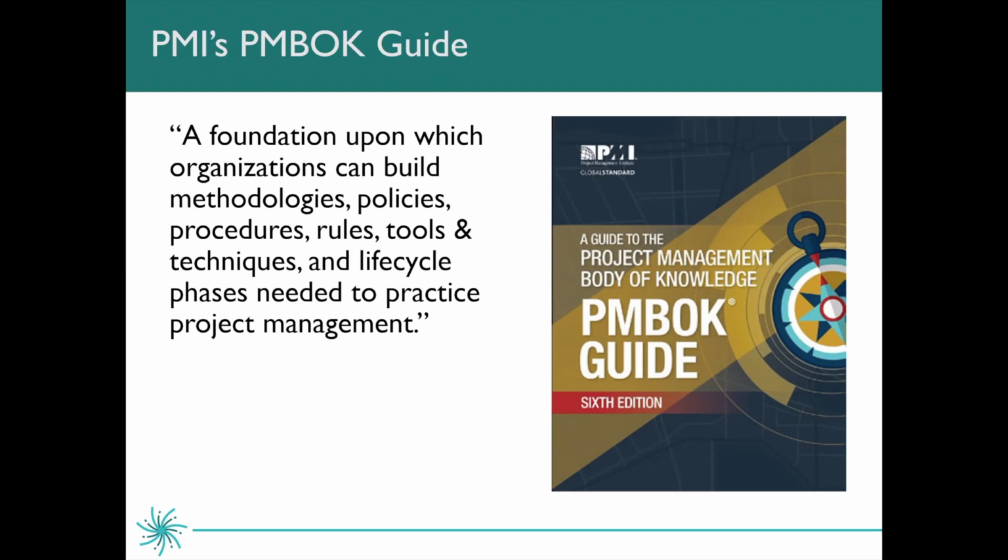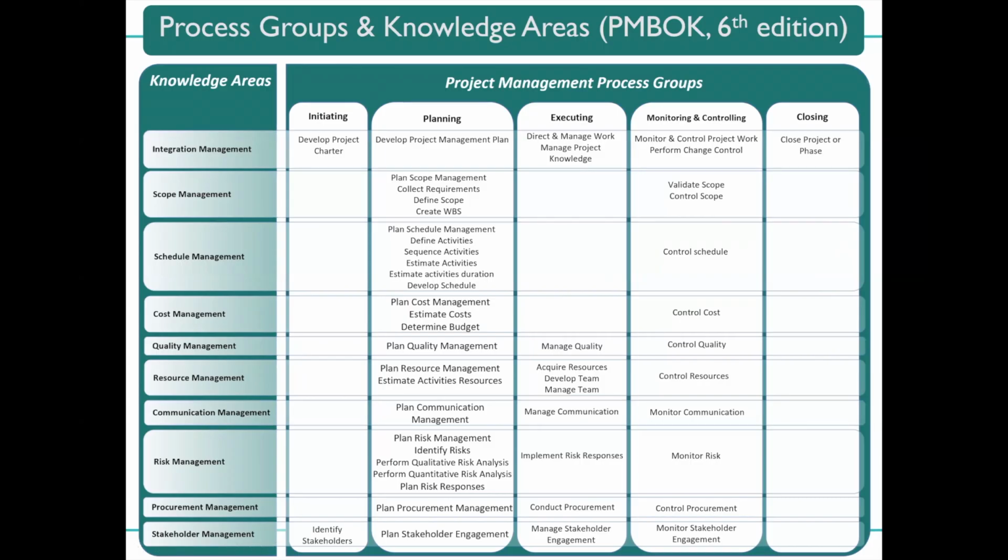If you're interested in pursuing the PMP certification, or project management professional certification, you're going to want to get very familiar with the Project Management Institute's PMBOK, or A Guide to the Project Management Body of Knowledge. The 6th edition is the current version, and there should be a 7th edition released later in 2020. The PMBOK framework includes 5 process groups, sometimes referred to as phases, and 10 knowledge areas.